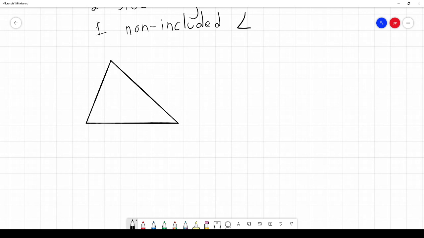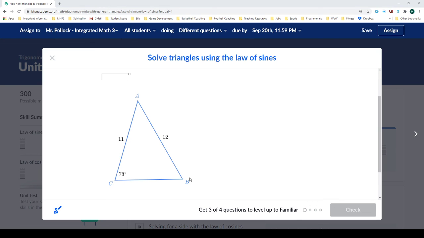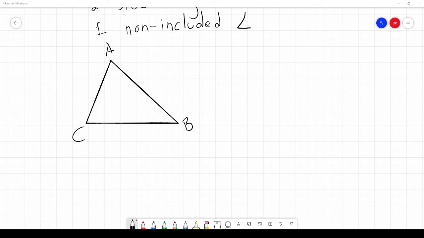Applying the law of sines is not actually too difficult, so doing this problem isn't going to take very long or be very complicated. But let's draw our picture. We have this triangle ABC. Sorry, I'm getting a little confused here.